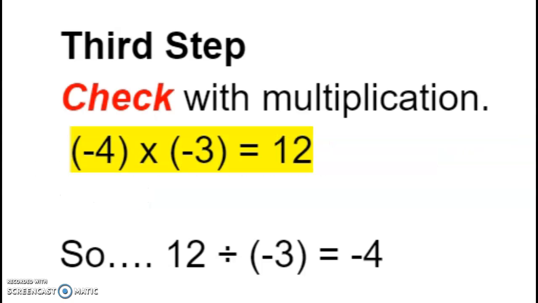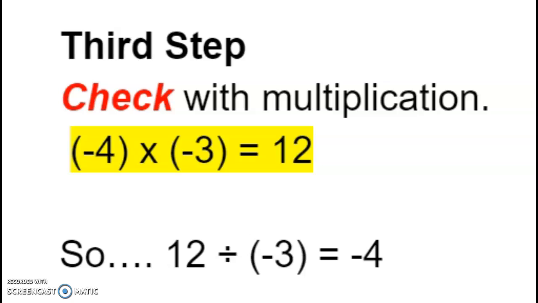As we look at the third step for this problem, we looked at it backwards. -4 times -3 gives us a positive 12 because a negative times a negative gives us a positive. So our answer for our division problem is 12 divided by -3 equals -4.